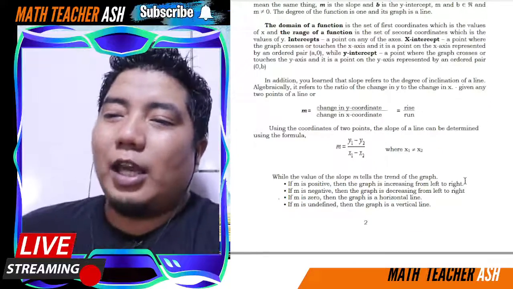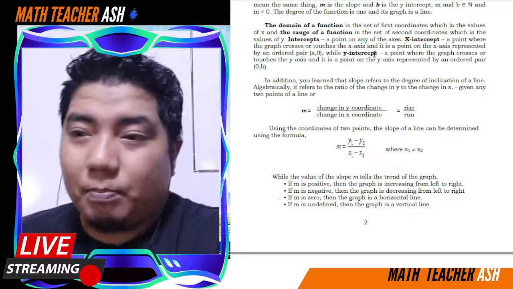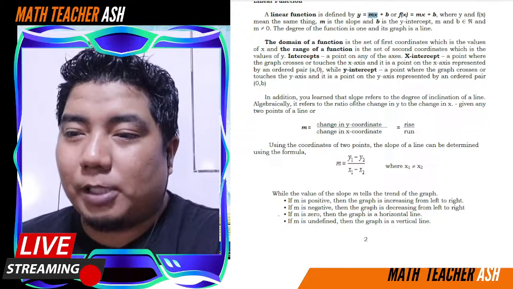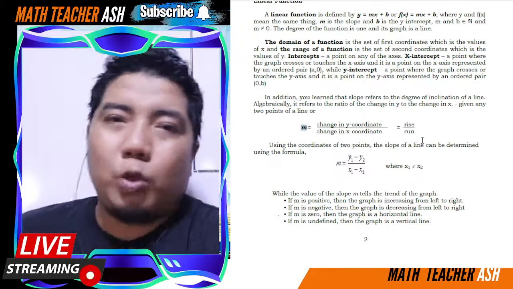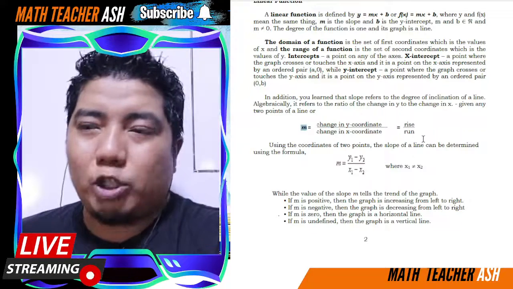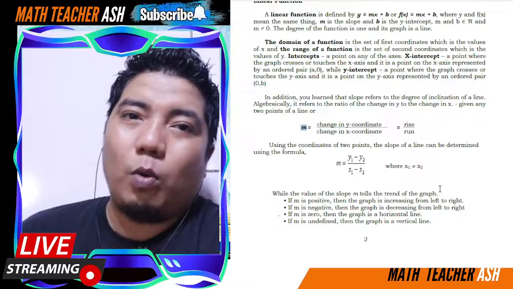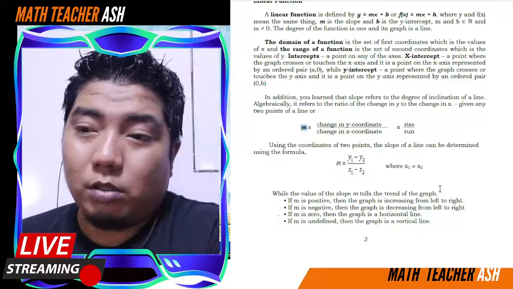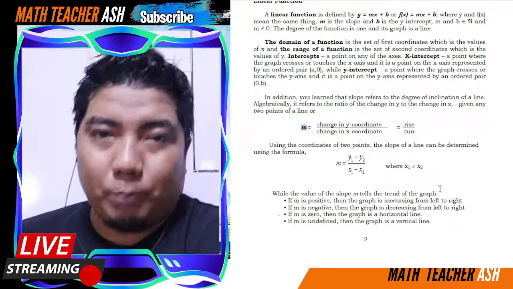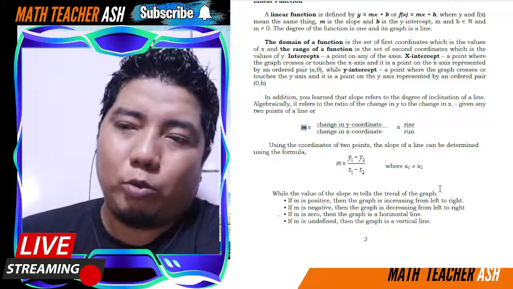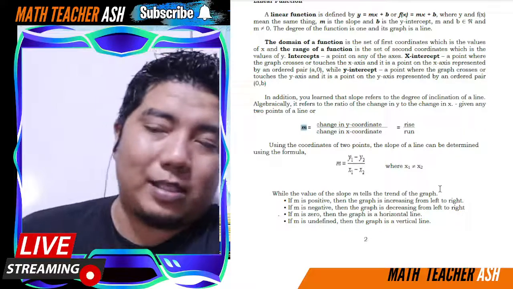Now, talking about the slope, the m here in y is equal to mx plus b, you can compute that by getting y sub 2 minus y sub 1 over x sub 2 minus x sub 1, or y sub 1 minus y sub 2 over x sub 1 minus x sub 2.